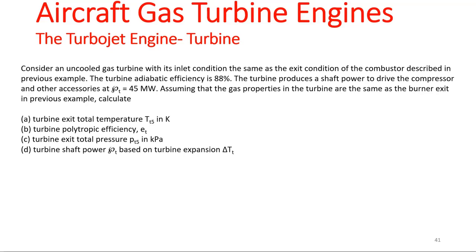So, what do you think we should do? We have the shaft power, we have the turbine power, we have the inlet properties, inlet temperature, and we also have the mass flow rate, right? What was the mass flow rate in the previous example? 50, that's after the combustor.